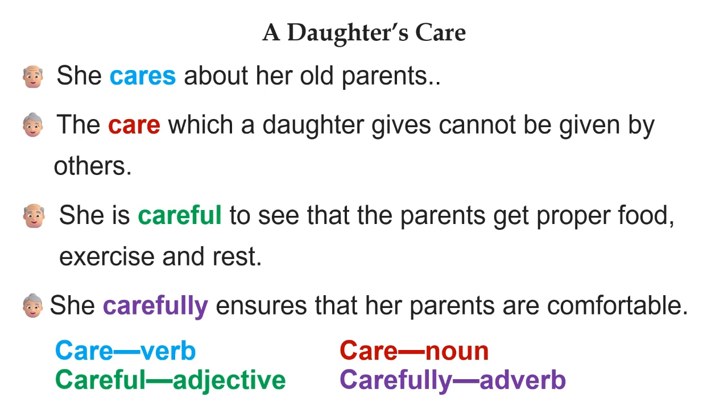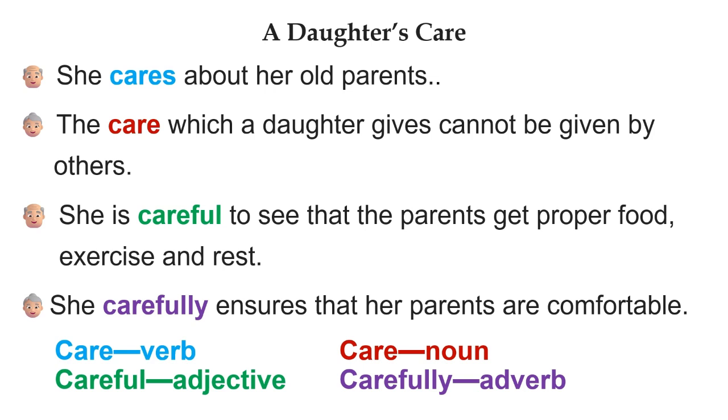The first speaker says, she is careful to see that the parents get proper food, exercise, and rest. Now the final part of this conversation. She carefully ensures that her parents are comfortable. Ensure is to see. Ensure is to make sure.